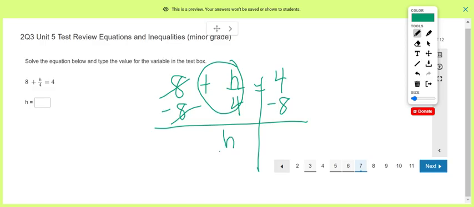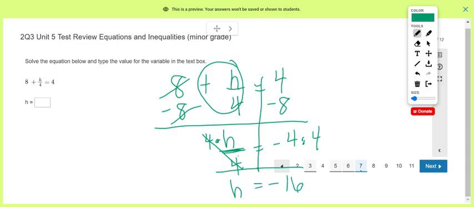So now we're left with h divided by 4 is equal to 4 minus 8. If you're positive and then you subtract 8, you're going to end up at -4. And then this means division, so we're going to multiply to do the opposite, to remove the dividing by 4. So now we're left with h is equal to -16.